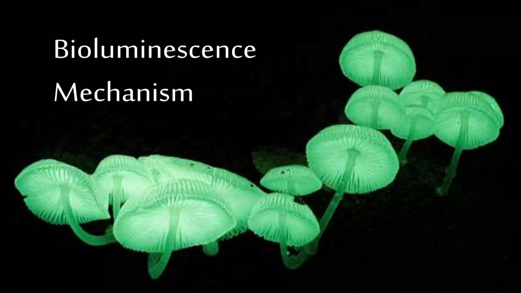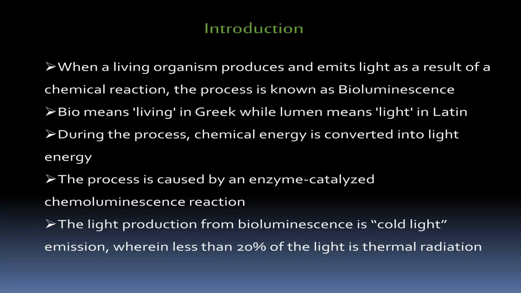The ability to produce and emit light is found in different groups of living organisms, such as bacteria, fungi, protozoa, polychaeta, annelida, and fishes, etc. There are three different types of bioluminescence.